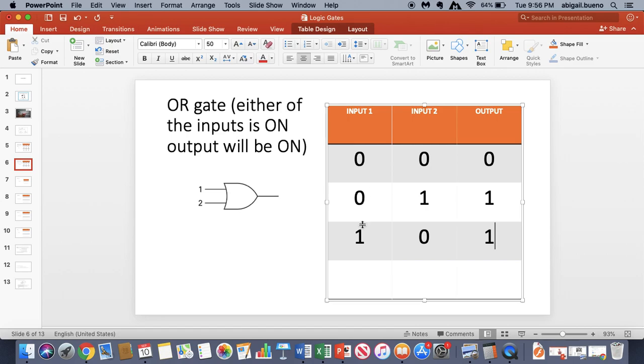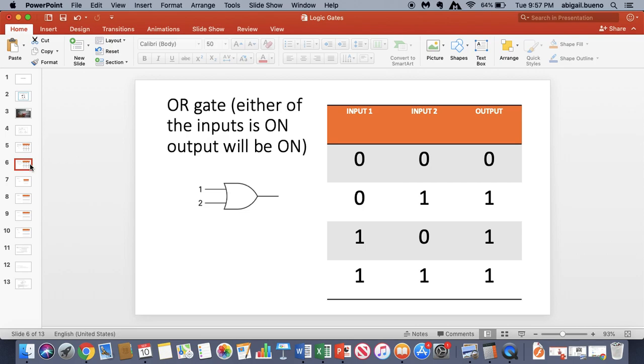Now what if input 1 is 1, input 2 is 1? The output is 1 because at least one is turned on. But later I'll just mention that.